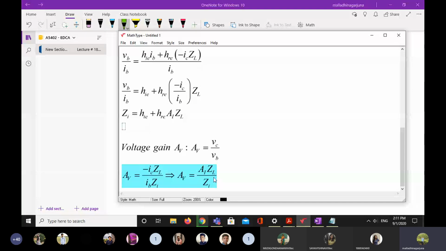By making use of the input impedance and the current gain, we can directly calculate the voltage gain like this. This is the voltage gain.